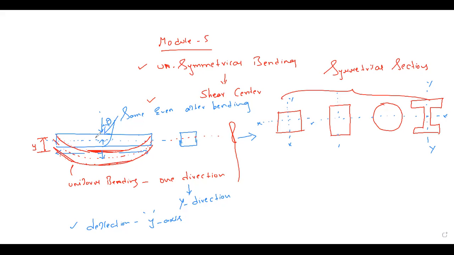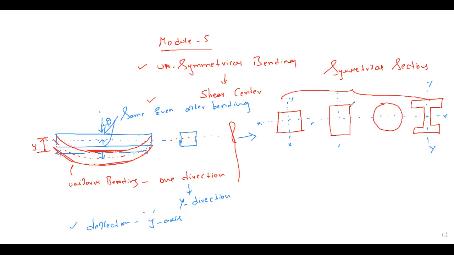That kind of bending is called unsymmetrical bending. Don't worry, I will show you in an animation mode so you can understand it. Before that, let's look at what symmetrical bending and unsymmetrical bending mean.